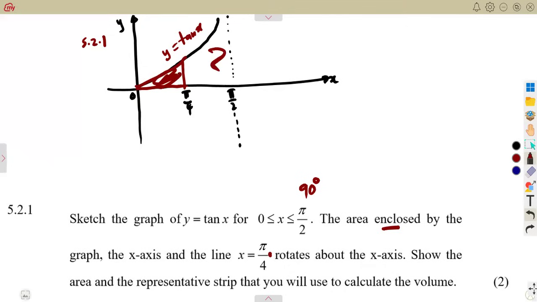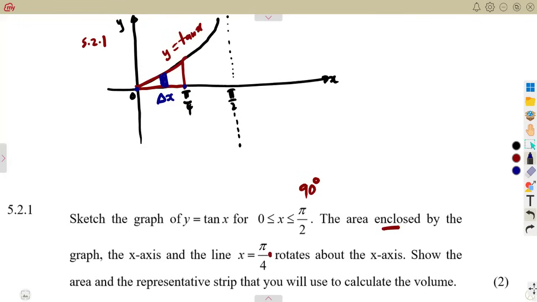This part is not covered, so you're not going to talk about that. So the section that we are talking about is this one. And according to the limits that we have from 0 to pi over 4, considering the limits for x, we can have the strip best represented for x.